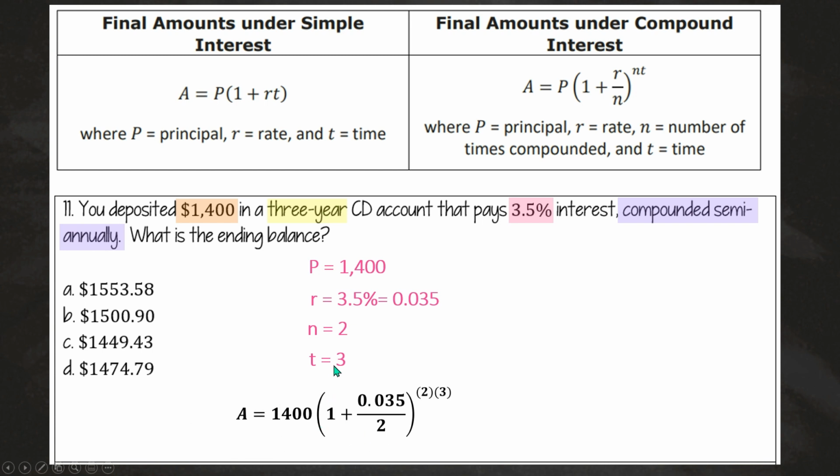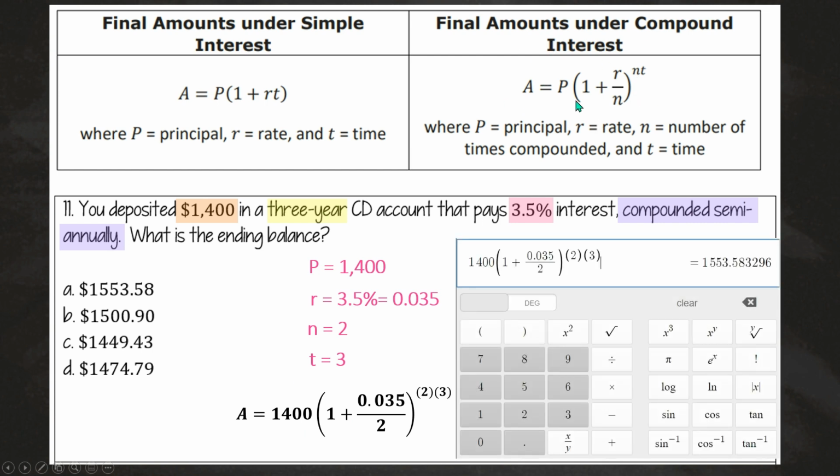We plug this all into the formula that is given to us on our resource page, and we're going to plug this in using our fast Desmos calculator, and we get 1553.583, which is option A if I'm rounding to the nearest cent. These other options are assuming you made a mistake in your formula.